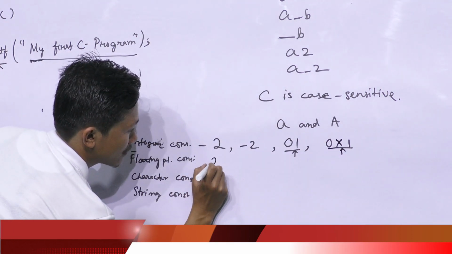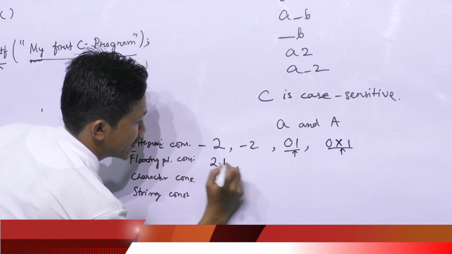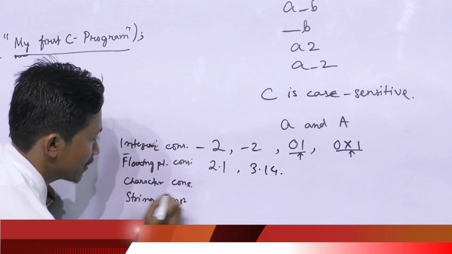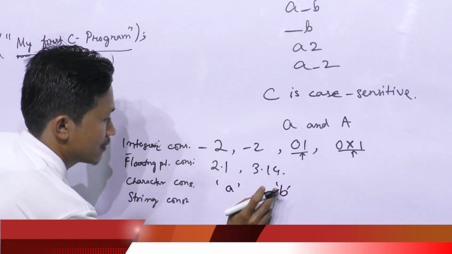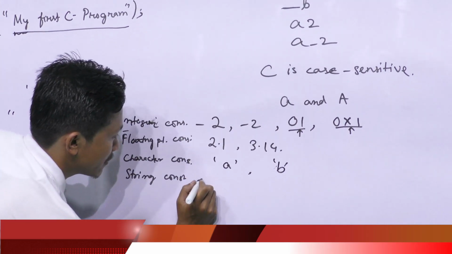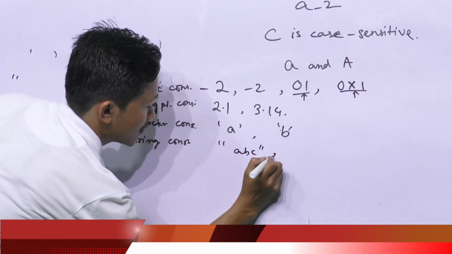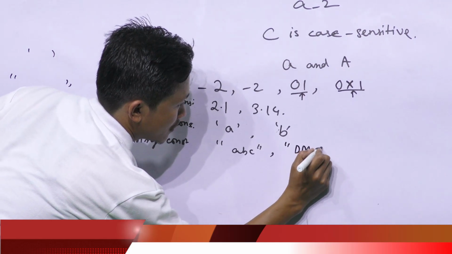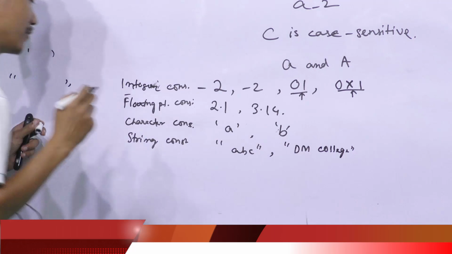Floating point constants are like 2.1, I mean any real number, 3.14, etc. And character constants like A, B, etc. And for string constants, ABC, DM College, like this. These are the examples.